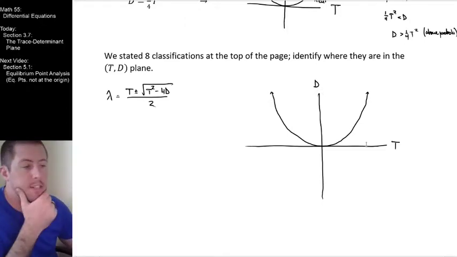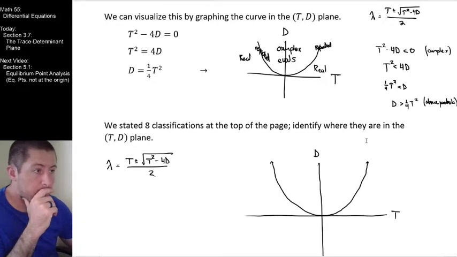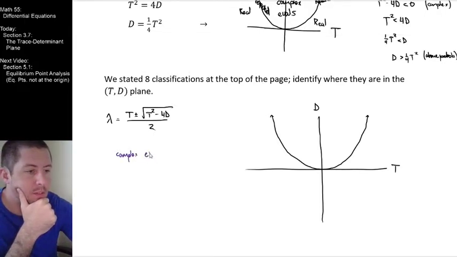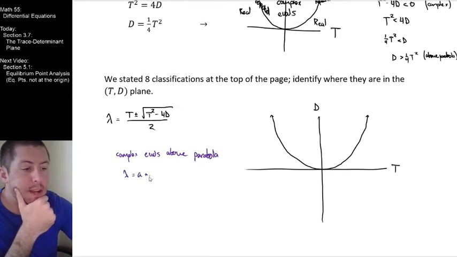So let's remind ourselves what we just saw. We know that complex eigenvalues are above the parabola. And therefore, we know that these are associated with lambda equals a plus or minus bi, where this a is really the t plus or minus the square root of t squared minus 4d.